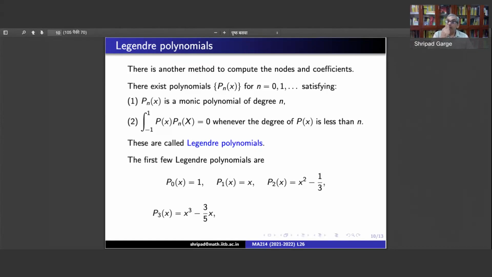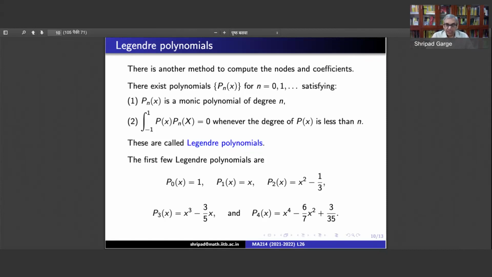Remember, it has to be an odd function, so it cannot have any even degree term. And similarly, the even Pn will be even functions. They will not have odd degree terms. And P4 is x power 4 minus 6 by 7 x square plus 3 by 35. So these are the ways we can compute these Legendre polynomials, but what's a big deal about them?